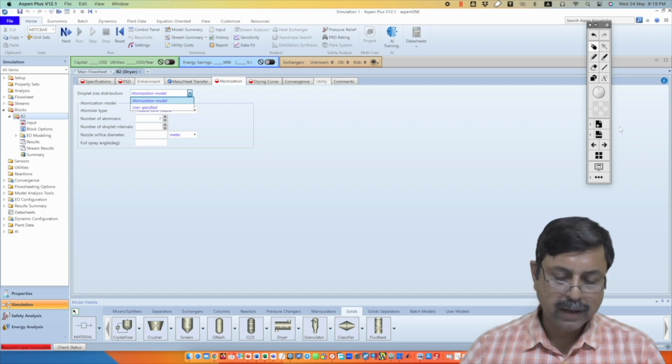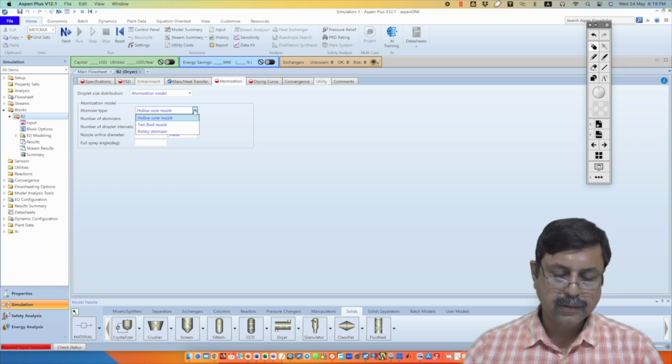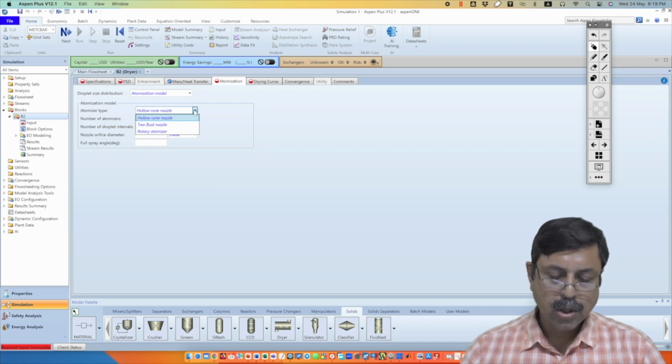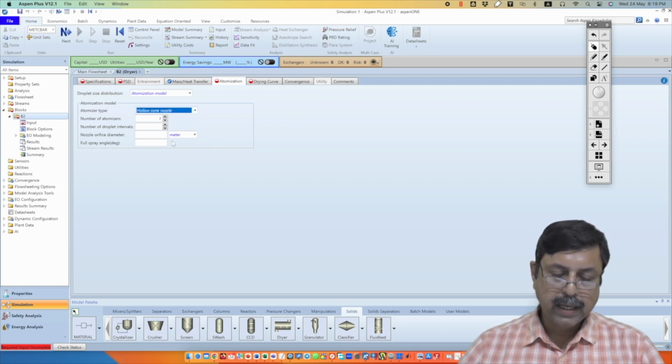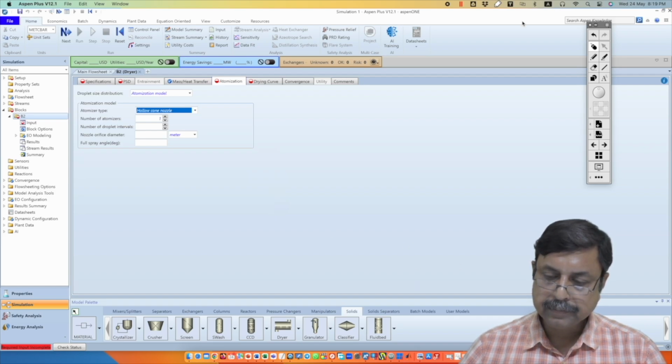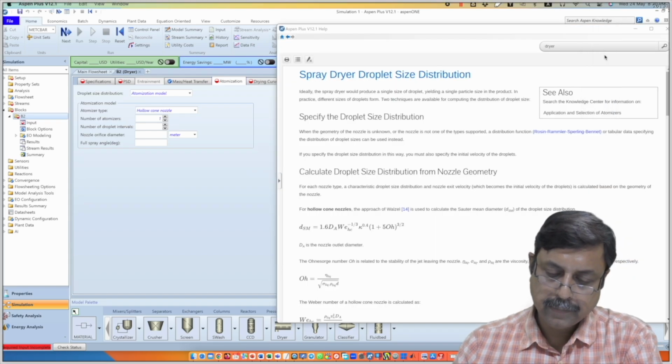Else, you can use the regular atomization model. And in the atomization model, there are three options: hollow cone nozzle, two fluid nozzle, and rotary atomizer. Now, you can get all this information from the help file. So here it is.